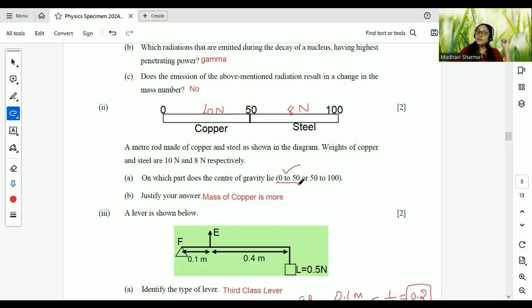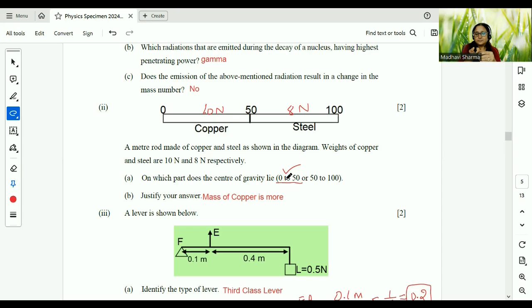If you think that you cannot understand this, just take your pen, put the cap, put the pen cover on, and then see, you will not be able to balance it at the center. It will be more towards this. Oops. Okay, let me try.